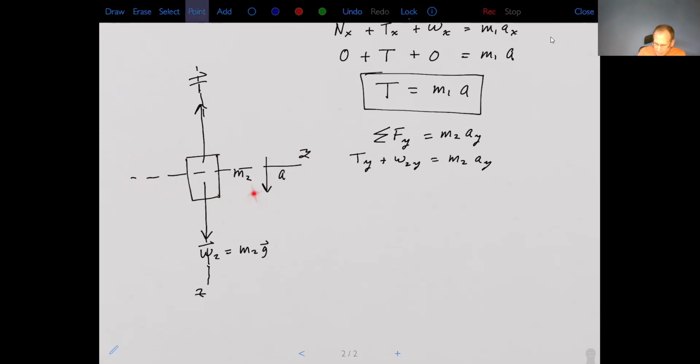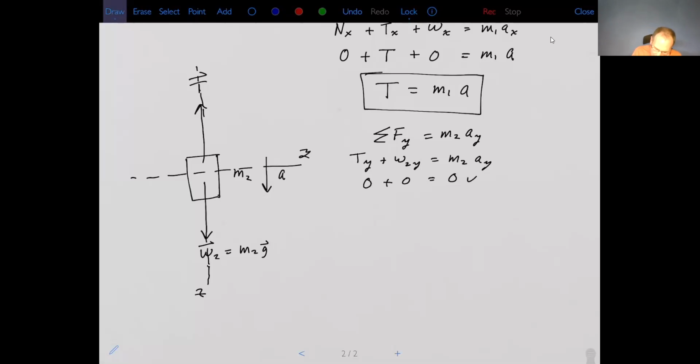Are there any forces acting in the y direction? No, these are both either in a positive x or negative x direction. These two forces have no component in the y. So this equation simply says that 0 plus 0 equals m2 ay. We know it's not accelerating horizontally, in the y direction. So this equation just says 0 equals 0, which is true, but it's not going to be very helpful.